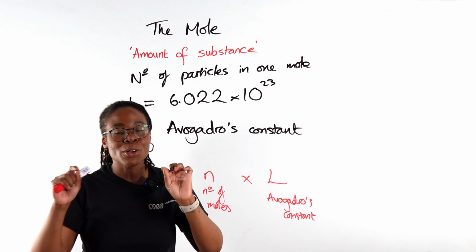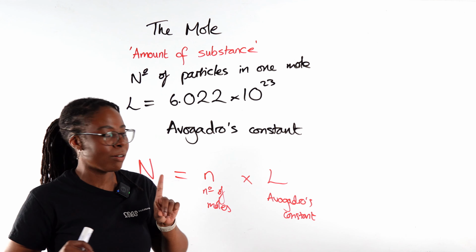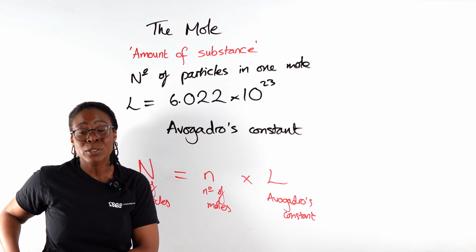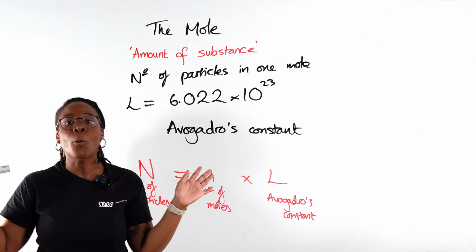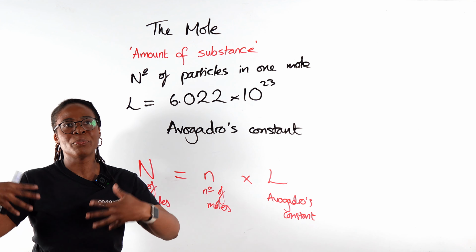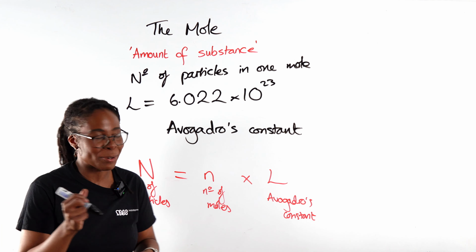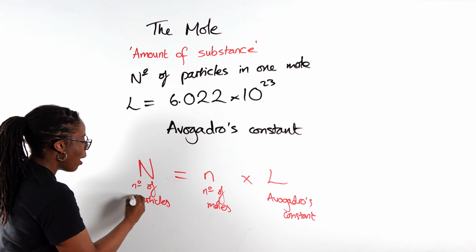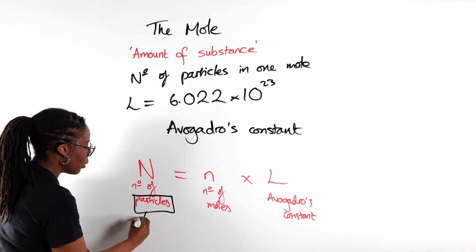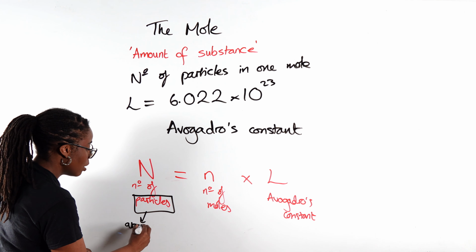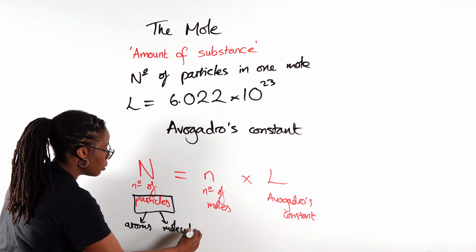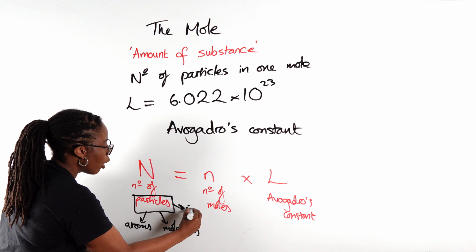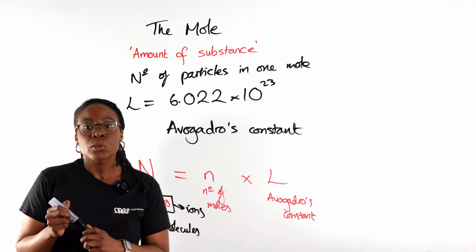And it's so important, and I want to highlight right now that when we use the word particles, that is a very general term and could be referring to a whole bunch of different things. So when we're talking about particles, we could be talking about atoms, molecules, ions, also all sorts.